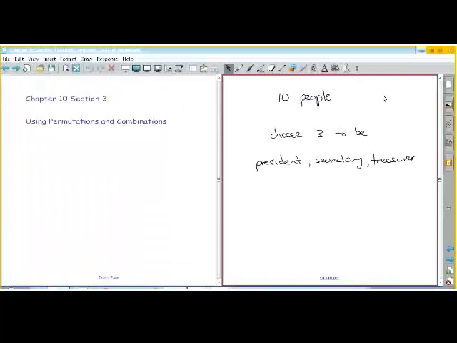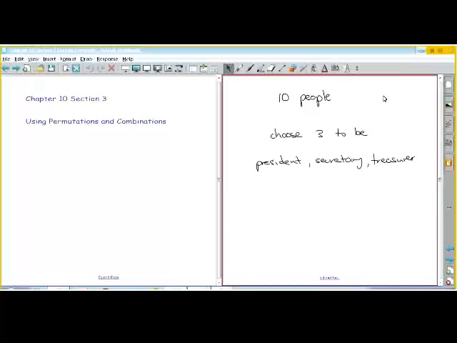So here's an example that we could solve using the fundamental counting principle. We have already solved it. You have 10 people in your class or your club, and you want to choose 3 people, 1 to be president, 1 to be secretary, 1 to be treasurer. So we have the 3-part process. The first step is to pick a president.